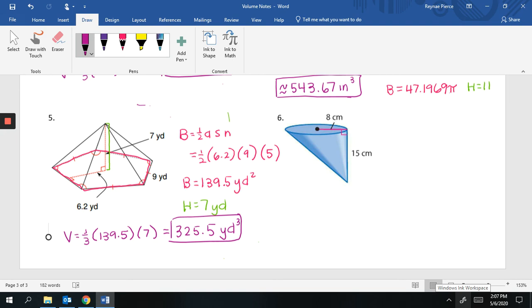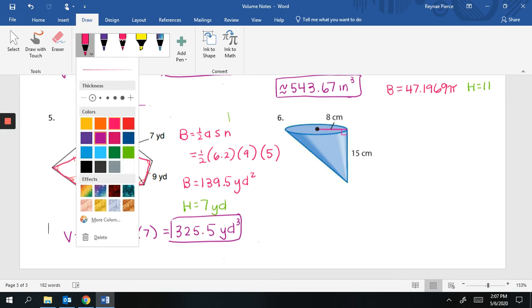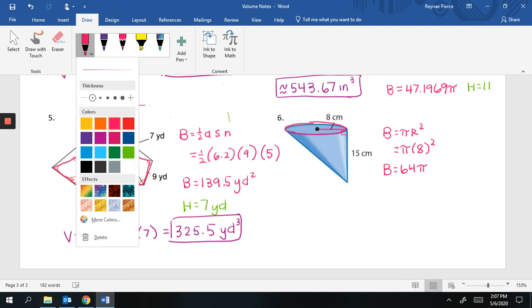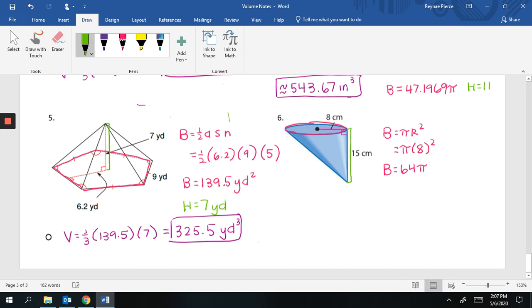Last cone, last example here. Our radius is 8, so pi times our radius squared gives us 64 pi. Our height is 15.